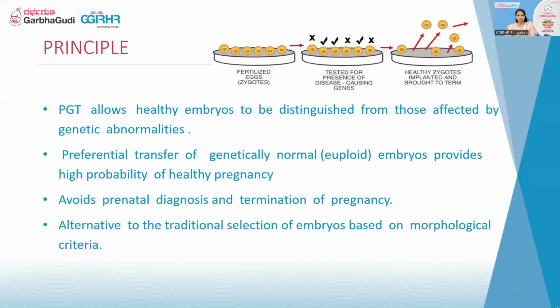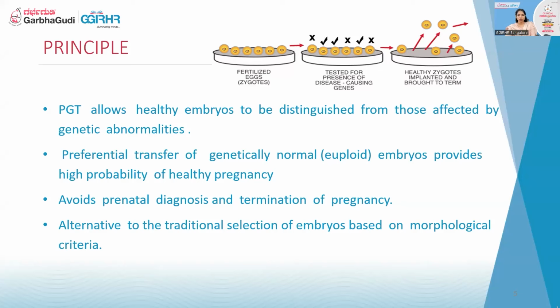It also avoids prenatal diagnosis and termination of pregnancy. We don't want to end up in trauma from prenatal diagnosis and, if something is not going well, having to terminate the pregnancy. All these can be avoided if we go ahead with PGT. Traditionally, we select embryos based on morphological criteria: if it is a 2-cell stage, how it is dividing, the proportions, the morphokinetics.